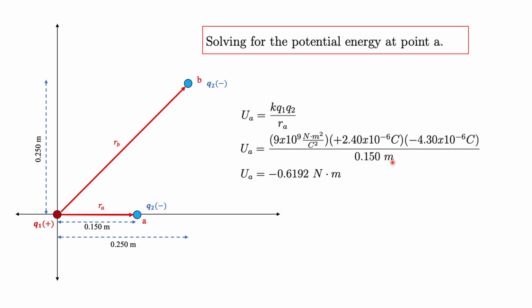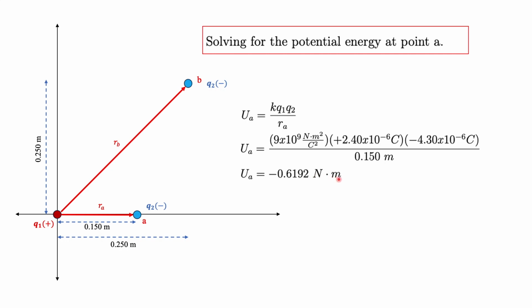Now, when you do your calculation, you end up with UA equal to negative 0.6192. I just rounded it off to 4 decimal places. The unit is newton times meter, because Coulomb and Coulomb here give C squared, and in the units of K that cancels out. So I am left in the numerator with newton meter squared, and I have meter in the denominator, so one meter cancels out.